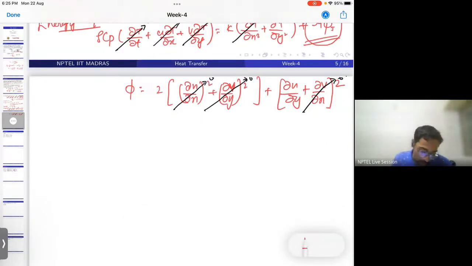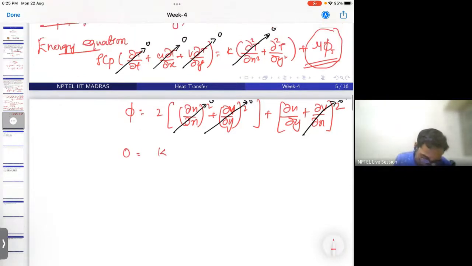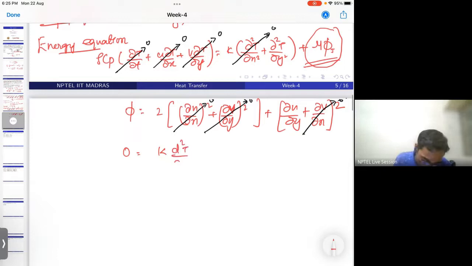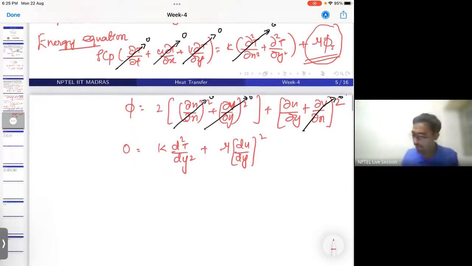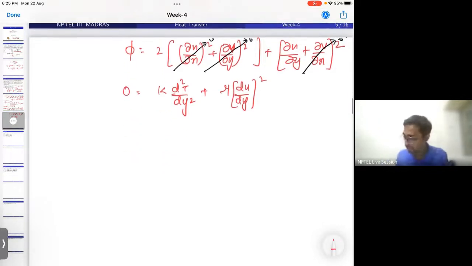So the remaining terms: 0 is equal to k d square T by dy square plus mu times (du by dy) the whole square. So this is the equation we will get after simplification.